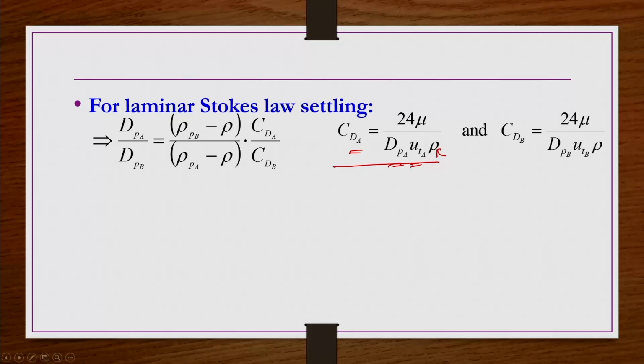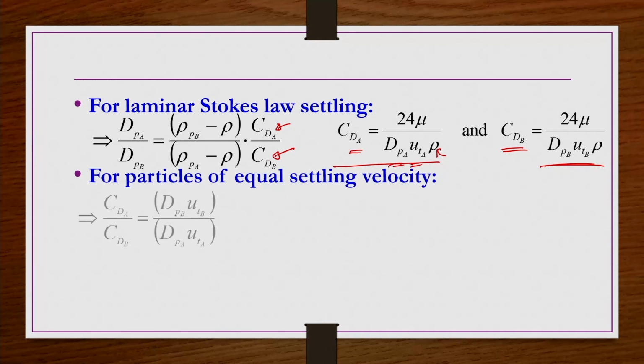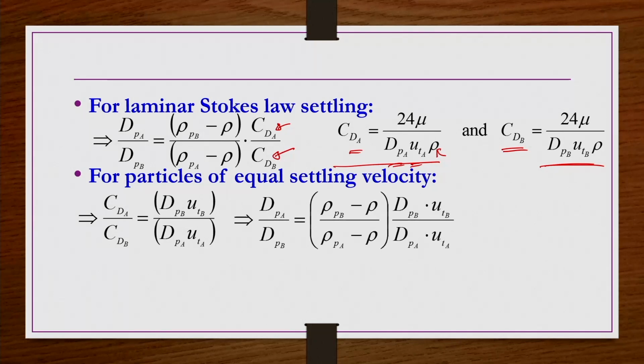Rho PA and rho PB are for the A and B type particles. Similarly, CDB is 24 mu by dPB UTB rho. When you substitute into this generalized expression, dPA by dPB equals (rho PB minus rho) CDA divided by (rho PA minus rho) CDB, you substitute CDA, CDB and simplify. Then for particles of equal settling velocity, we can have this equation.